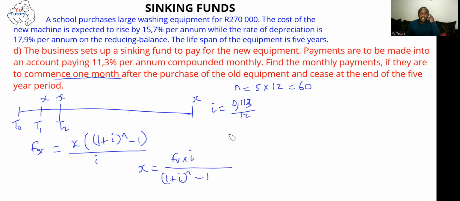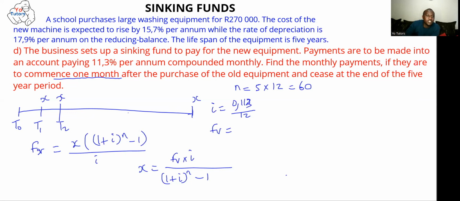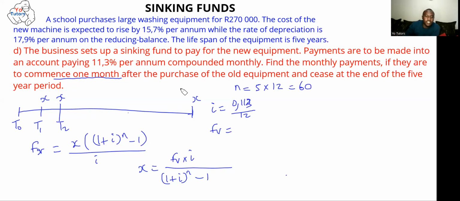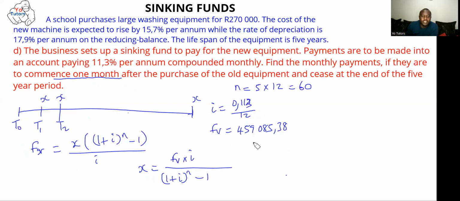Our n, we have it, and we are looking for X. FV, we just calculated it, and that was on the previous one, which is the sinking fund value, which is 459,085.38. Okay, let's try to put in the values and see what we get.